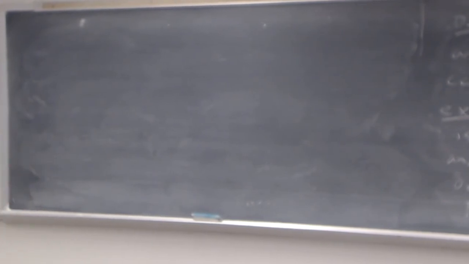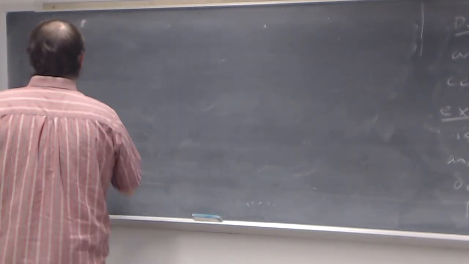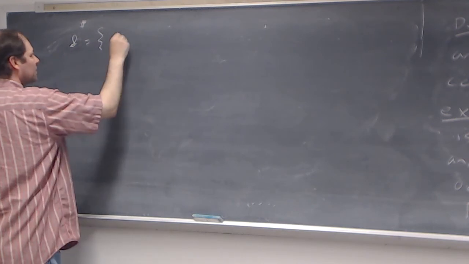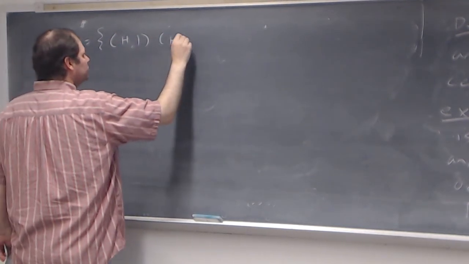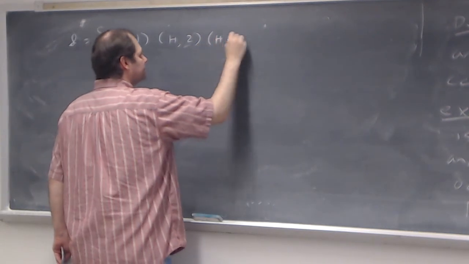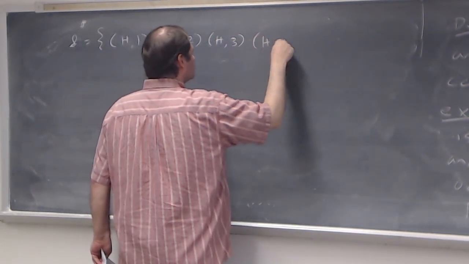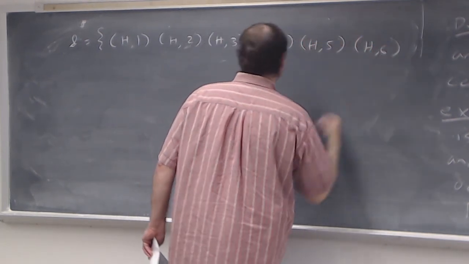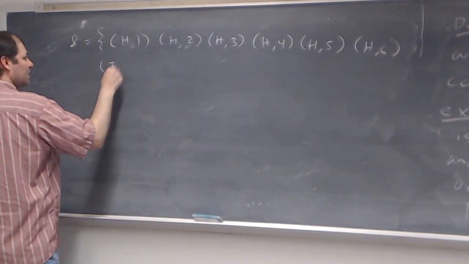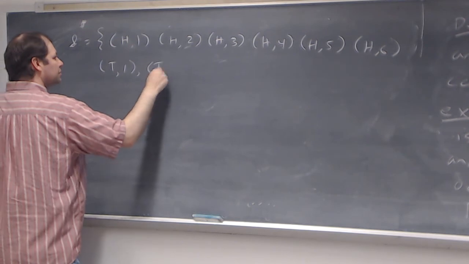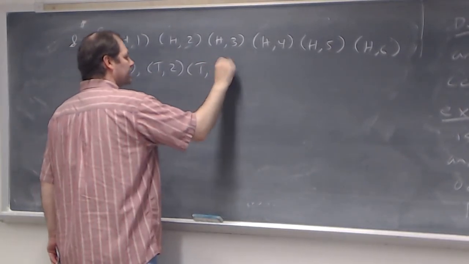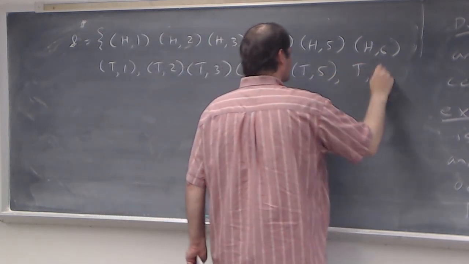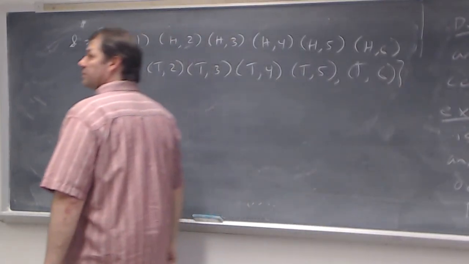So, first of all, very quickly, the sample space in this experiment is going to be heads 1, heads 2, heads 3, heads 4, heads 5, heads 6. Or you could have gotten tails 1, tails 2, tails 3, tails 4, tails 5, tails 6. So that's the sample space.